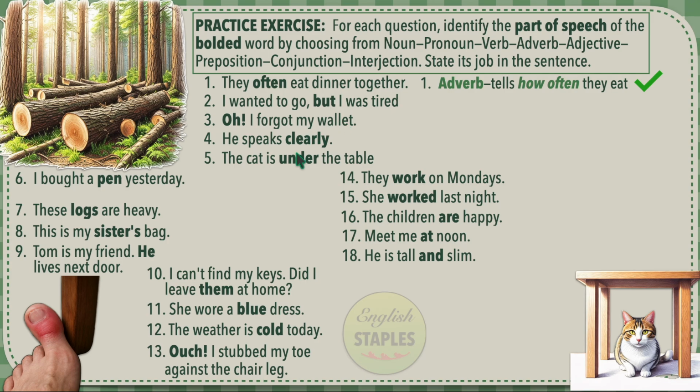Let's do number 5 together. The cat is under the table. Under, the word under. What part of speech is under? Under is a preposition, right? It's showing the position of the cat.